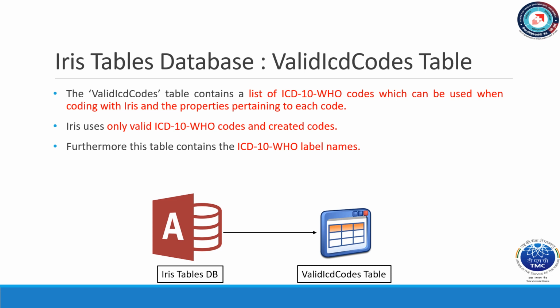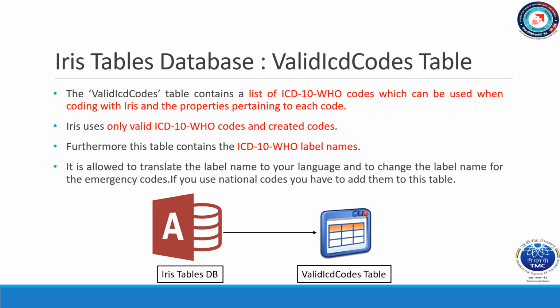Furthermore, this table contains the ICD-10 WHO label names. It is allowed to translate the label name to your language and to change the label name for the emergency codes. Please note, if you use national codes, you have to add them to this table.